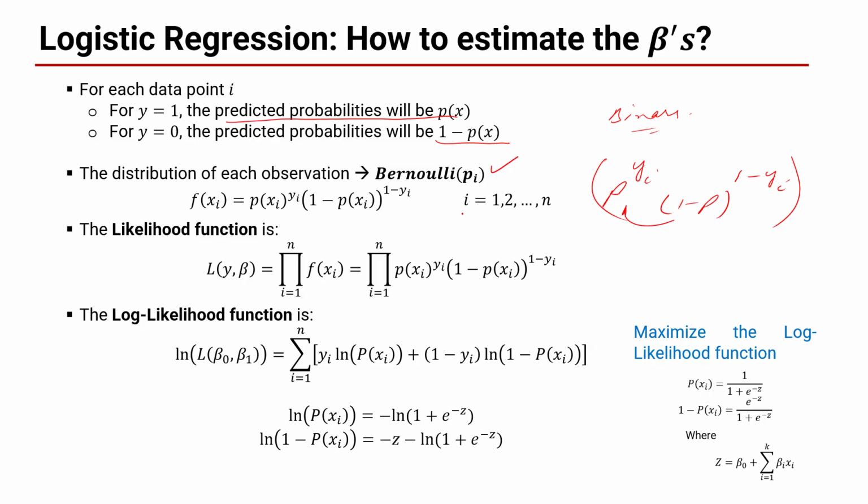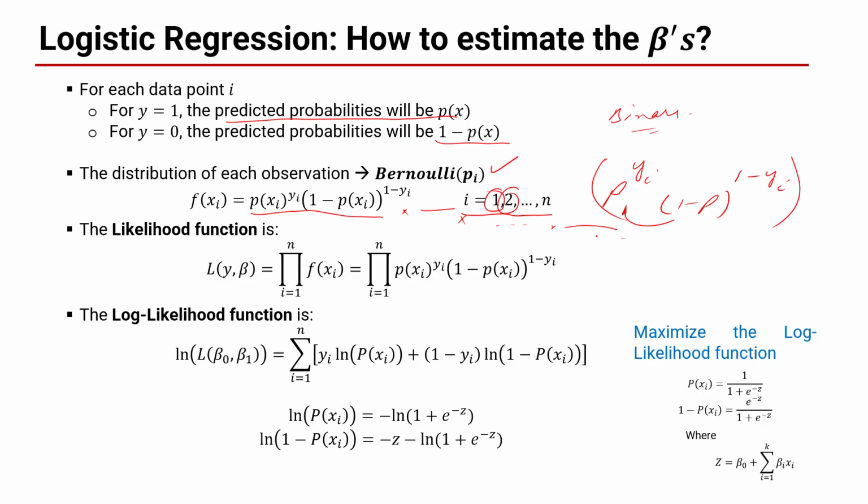Now, if we have n data points, that means we are multiplying this function for data point 1, which means we are calculating the probability for data point 1. Similarly, we are calculating the probability for data point number 2. This same function is going to be multiplied, and similarly we multiply up to n times.